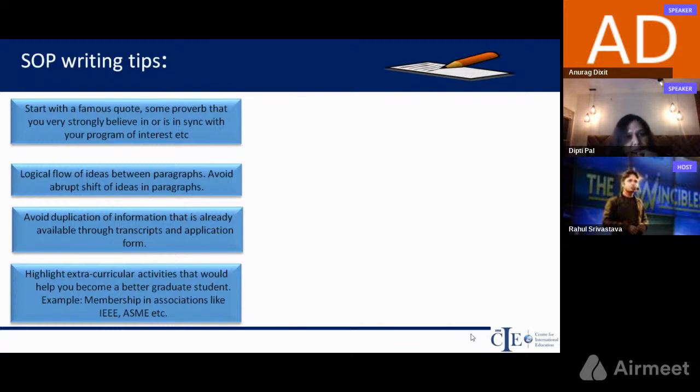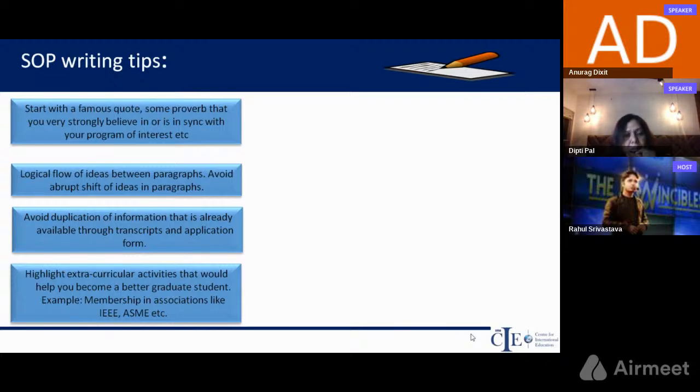Avoid duplication of information that's already available in transcripts and the application form. We've seen many students keep writing about their grades in the SOP. Sometimes students also write their GRE scores or mention their rank and everything. It's not required. The SOP is all about yourself, about your story, so make it as subjective as possible.